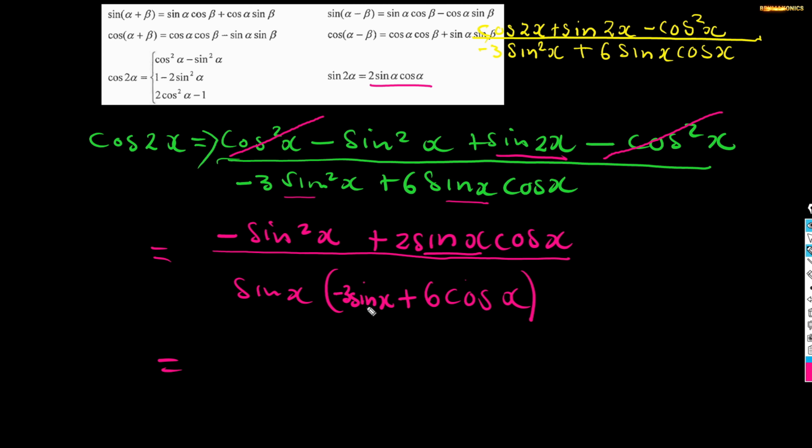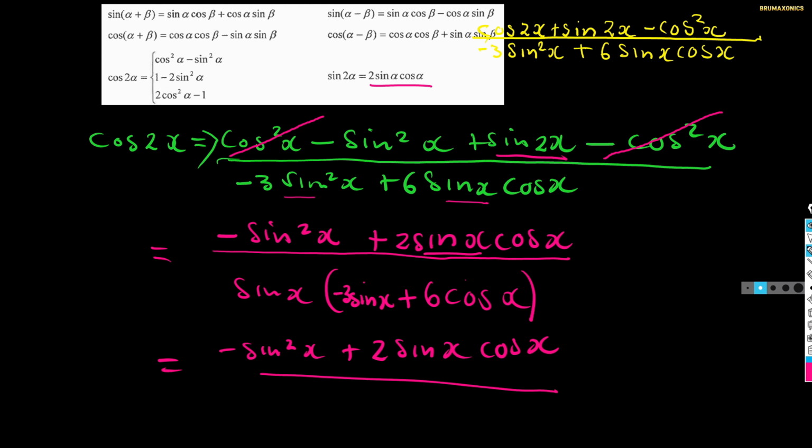So I'm going to write everything down here and say negative sine squared x, the plus of 2, the sine of x, the cos of x, and I'm taking everything out here, and that means that I'm going to get the following, right?